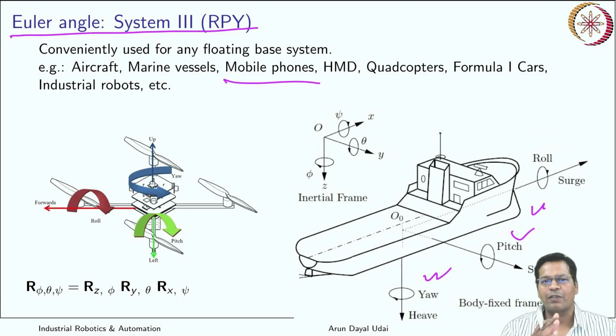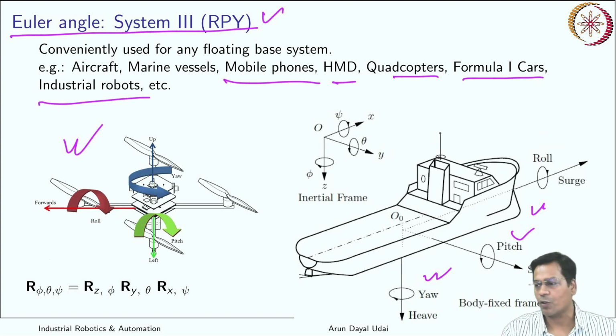Okay, so that can give you angular positions based on this RPY, Roll-Pitch-Yaw. A head mount device of a virtual reality system also can tilt the environment which you are seeing. Quadcopters, that is drones like this, Formula One cars, industrial robots. Industrial robots, basically they use this because it is easy to understand and visualize.